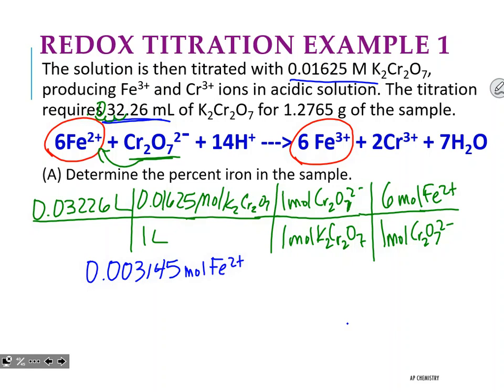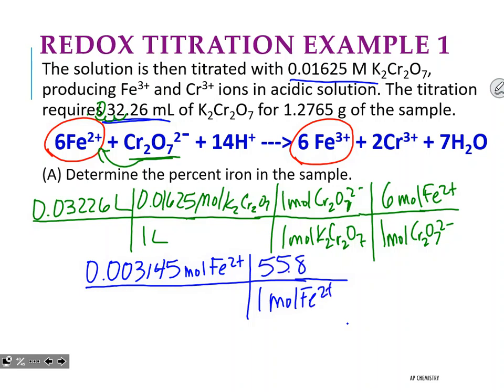Now, that's the moles of the Fe, but in order to determine percent out of the sample, what do we need to change it to? Grams, right? So let's change it over to grams. So 1 mole Fe2+ is going to equal what? 55.85 grams. Okay, so how many grams is that?